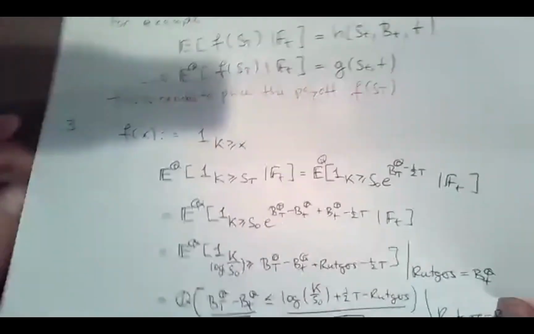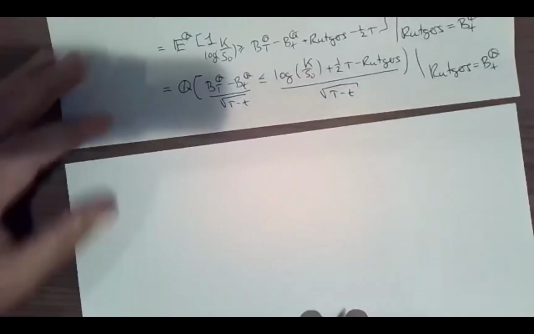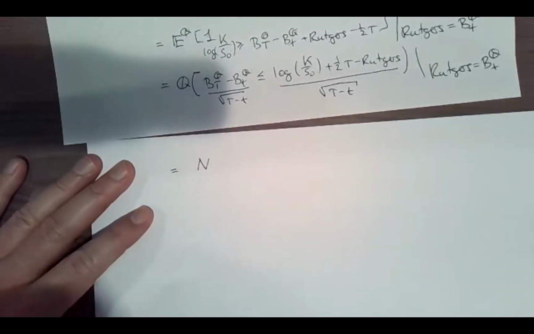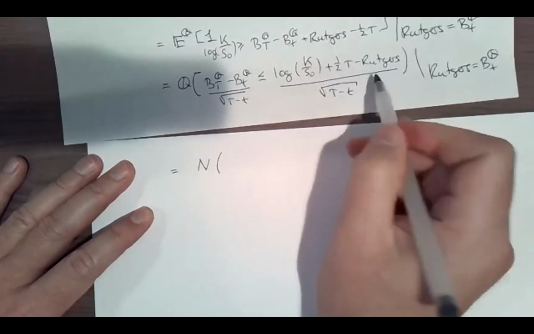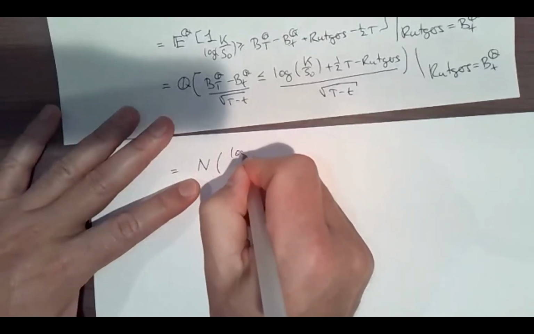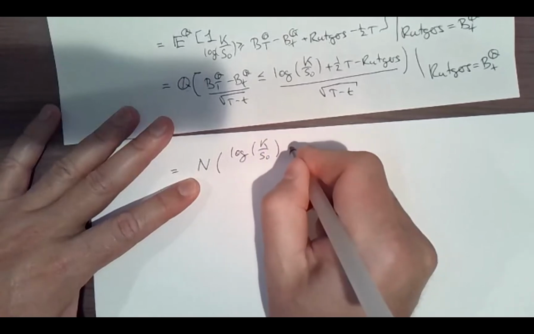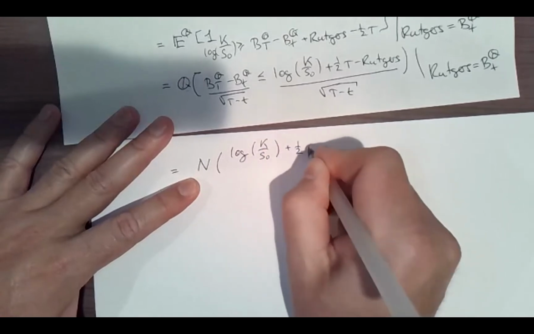So this here becomes N of that mess over here on the right hand side, log K over S_0 plus 1/2 t.